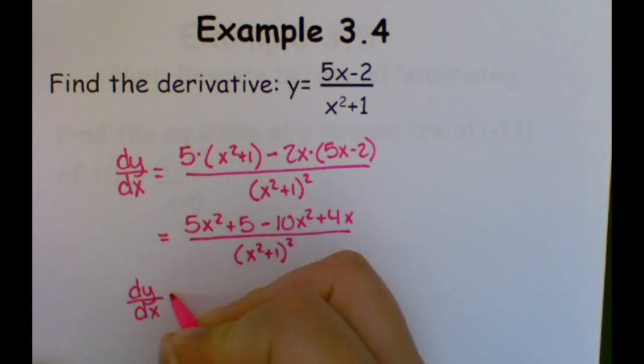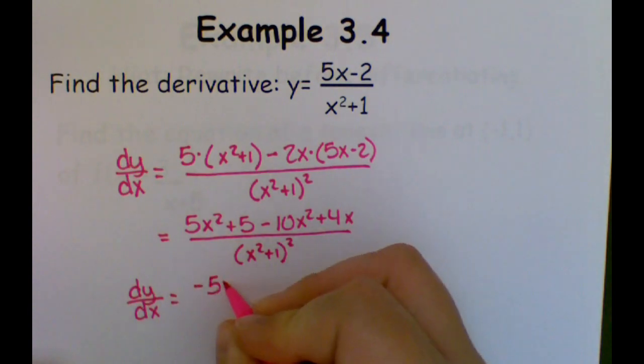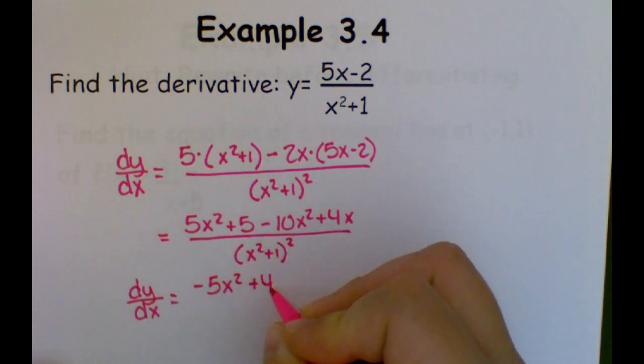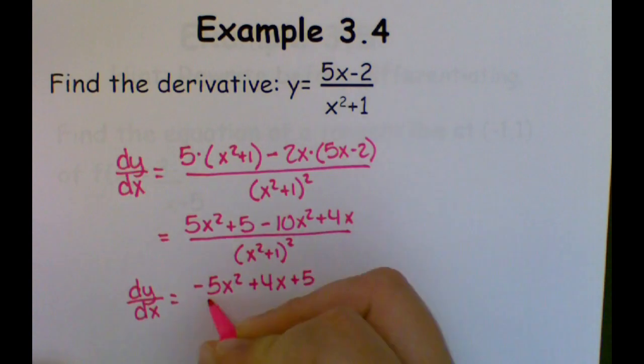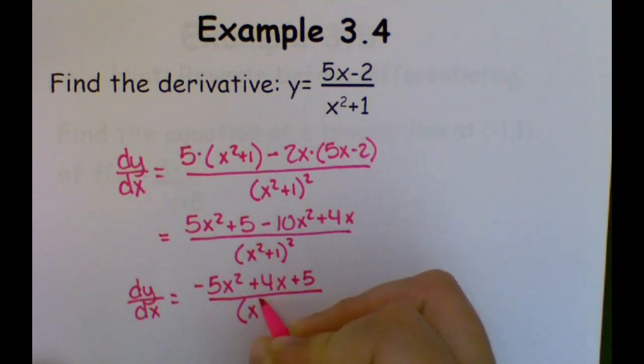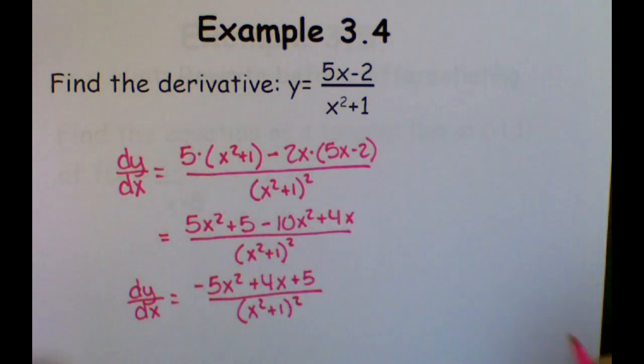And when we do this, we get negative 5x squared plus 4x plus 5 all over x squared plus 1 squared. It is important to note what the denominator can't be. So if there was anything that would make the denominator 0, we'd have to say x can't equal that. But there's nothing in this case, so we are done.